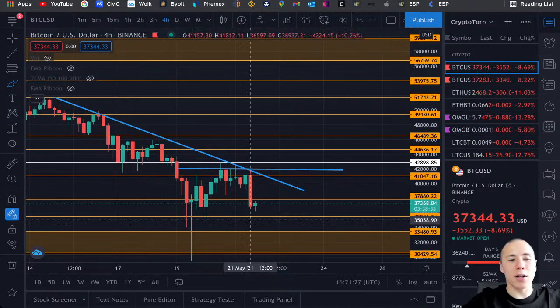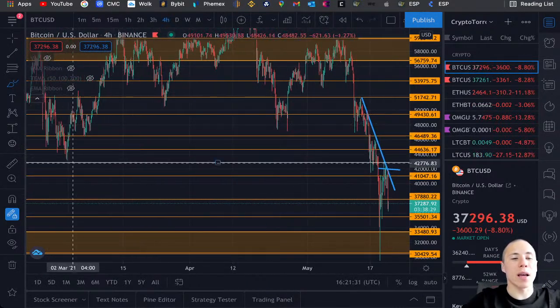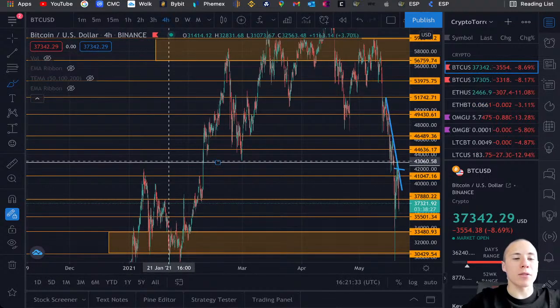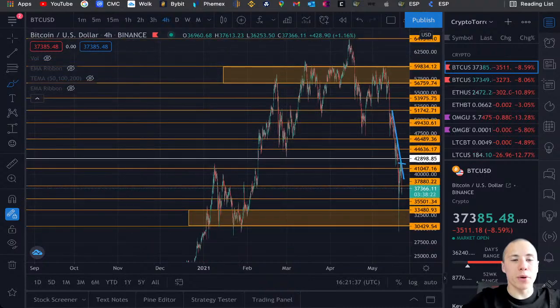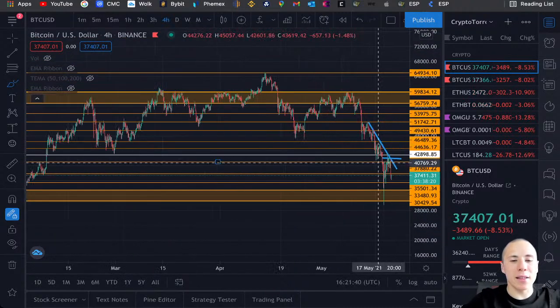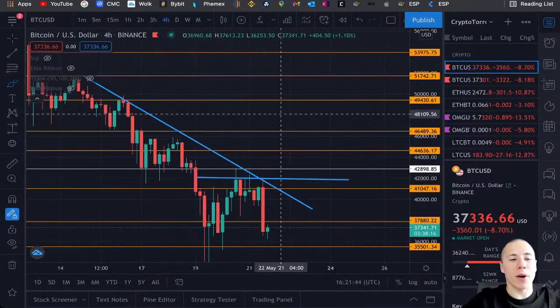And if it does so, it is a huge level of previous support and resistance. As you can see all the way back, we found support on it several times, and I think that is just a real important level to look at right now.